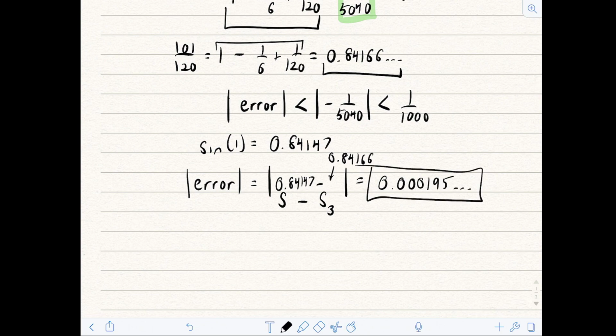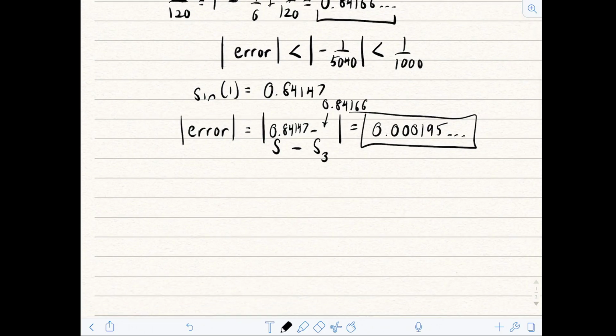So this right here is my error, and that number itself is definitely going to be less than 1 over 1000. Okay, seems pretty good.